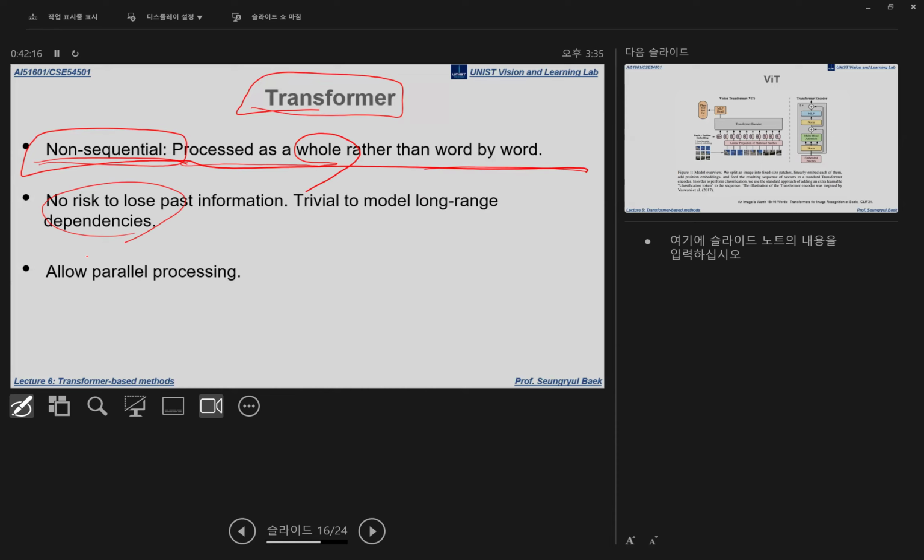LSTMs improve on the RNN, but still have some issues in losing past information. But as the transformer can process those inputs in parallel, it is safe from losing information, and it also allows parallel processing. So these are some of the reasons why transformers are better than LSTMs.